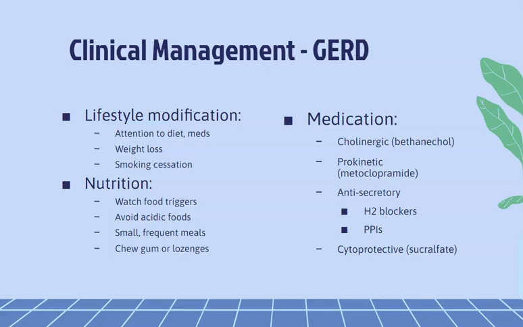Those are both medication classes that are focusing on decreasing acid production. So there's different ways that we can look at medicating. If they are producing too much, then we want to decrease gastric acid production. We can also neutralize acid production.